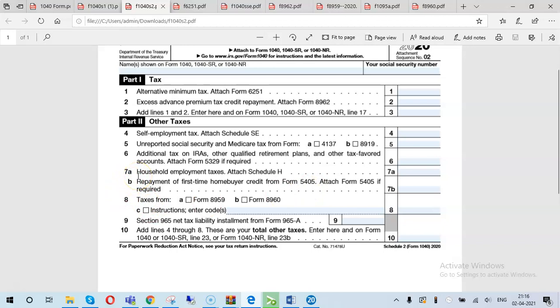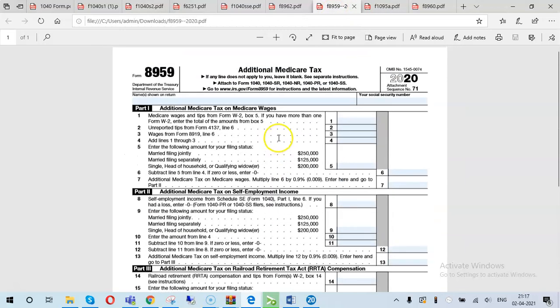Now 7A is for household employment taxes, which should flow from Schedule H, or repayment of first-time home buyer credit from Form 5405, if any. Now let's talk about line number 8, Form 8959. So guys, 8959 is basically for additional Medicare taxes.